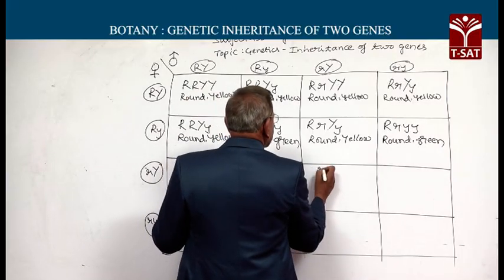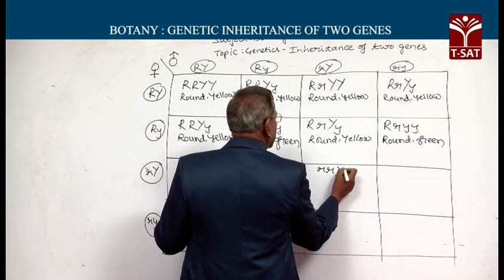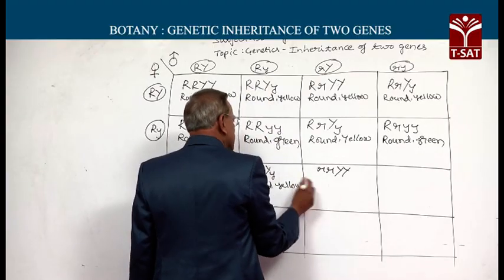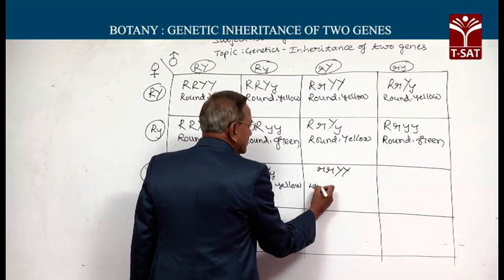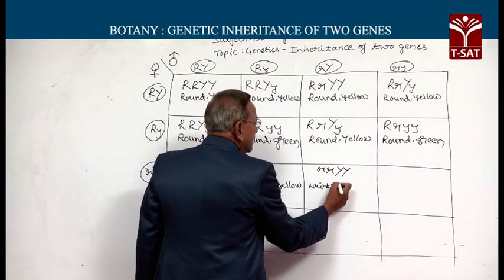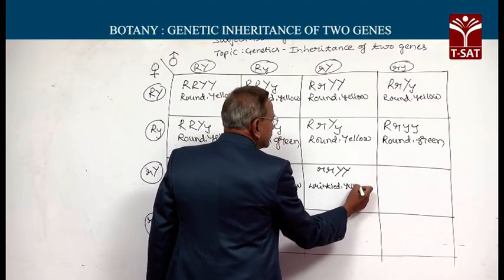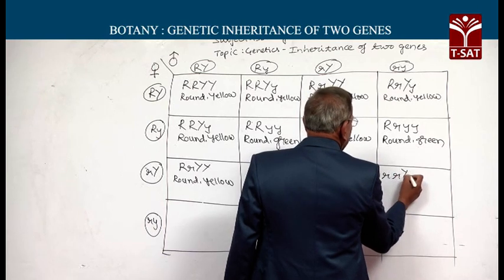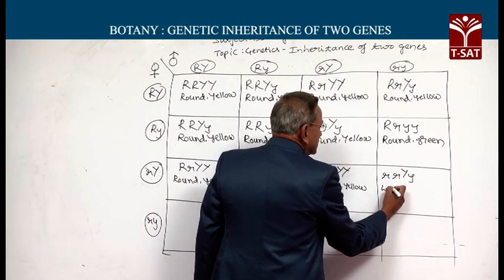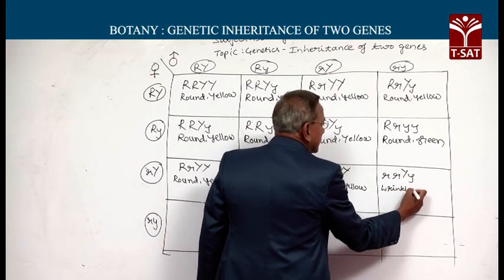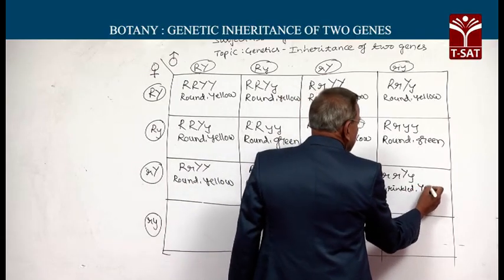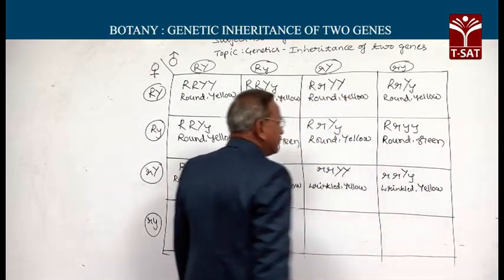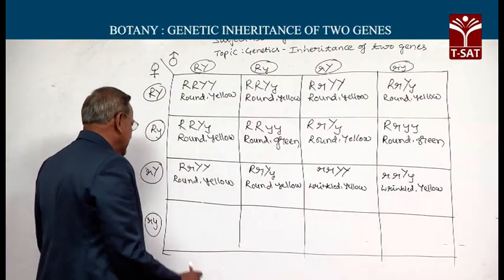This will be small r, small r, capital Y, capital Y, and this is wrinkled and yellow. This is small r, small r, capital Y, small y. The seed shape is wrinkled, whereas the color is yellow due to presence of one dominant gene here.